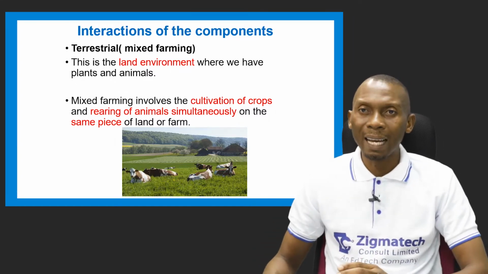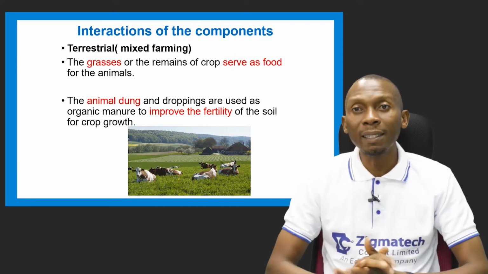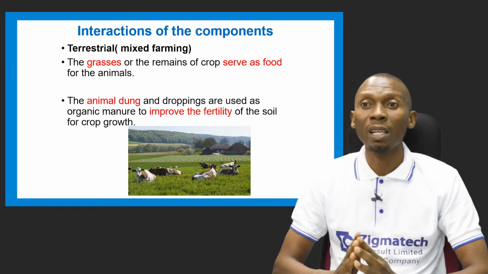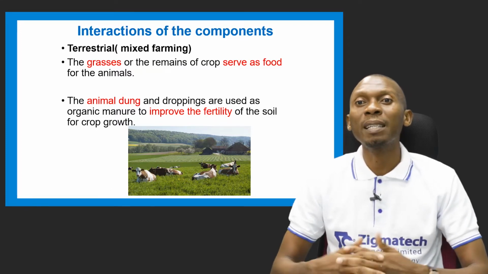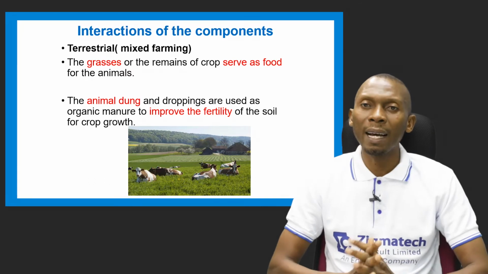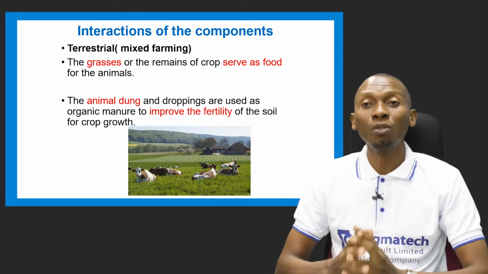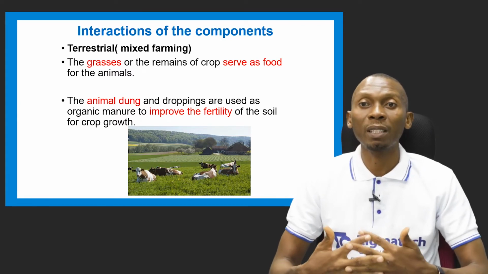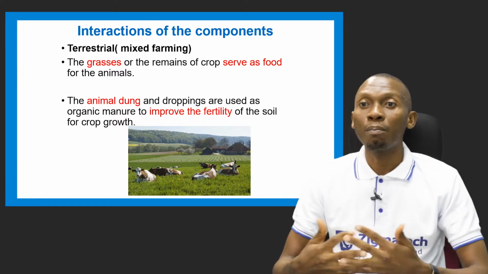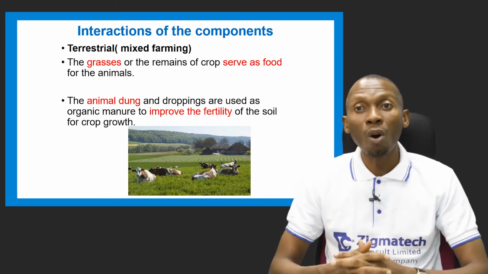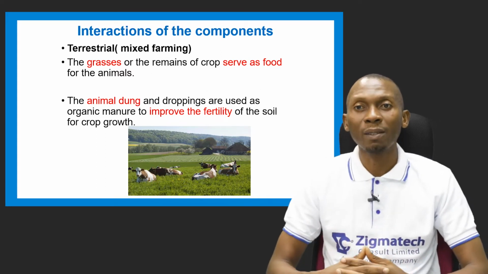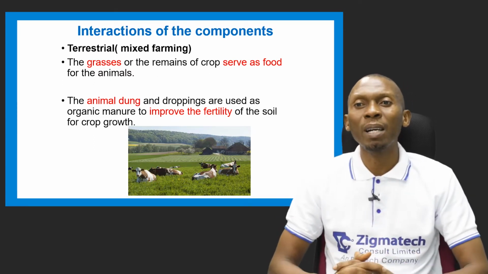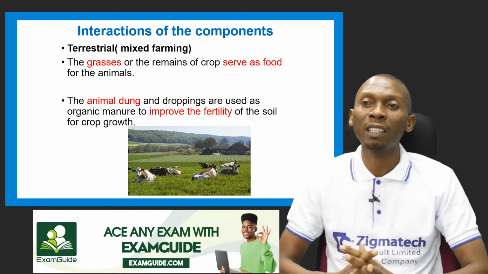Now, looking at the interaction, the grasses or the remains of crops can serve as food for the animals, while the animal dung or droppings, which is the waste released from the animals after digestion has taken place, their poo, which is called dung or droppings when it comes to animals, but feces for humans, are used as organic manure, which can help to improve the fertility of the soil.